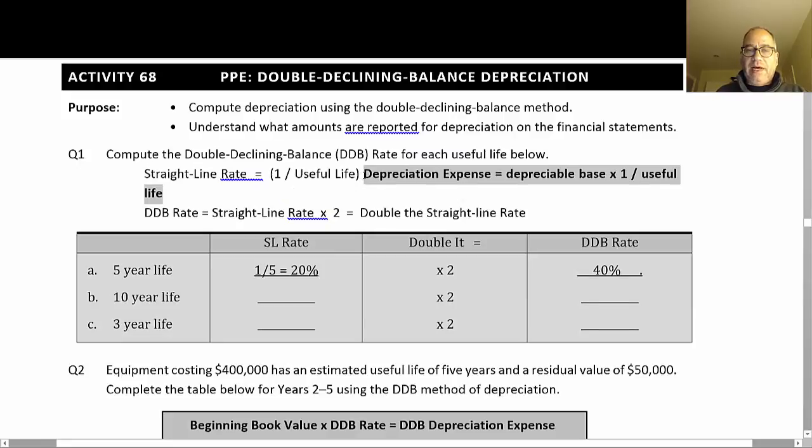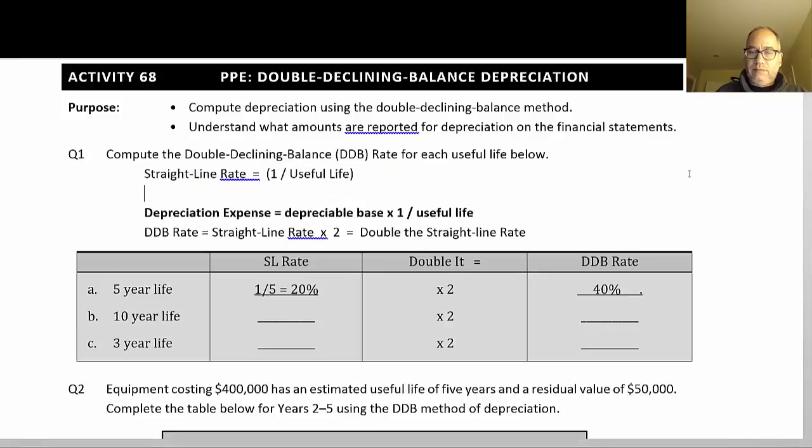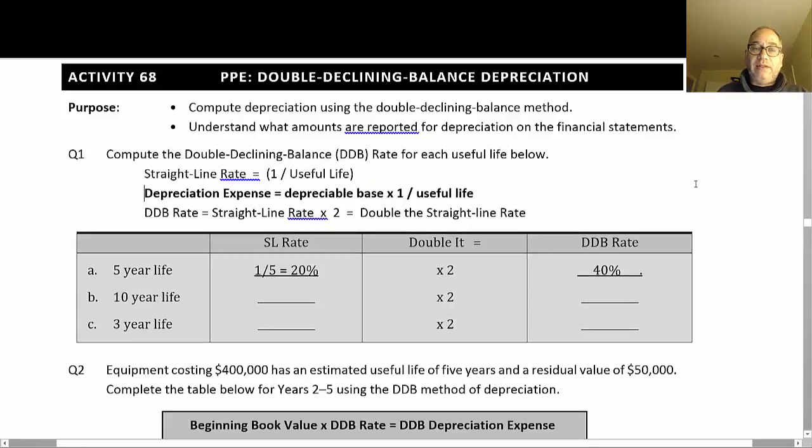Now, with double declining balance, the double declining balance rate is going to be the straight line rate times 2, or double the straight line rate. And instead of multiplying it by the depreciable base, you multiply it by the cost.